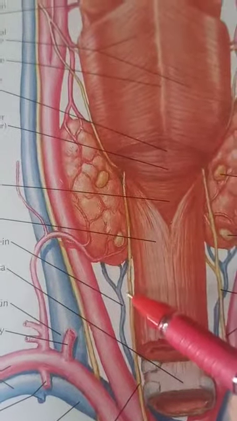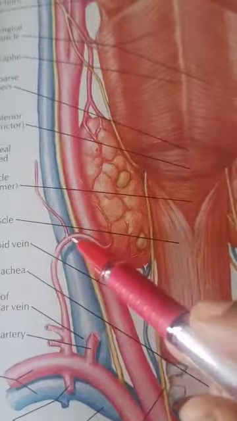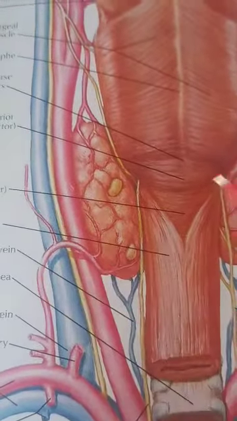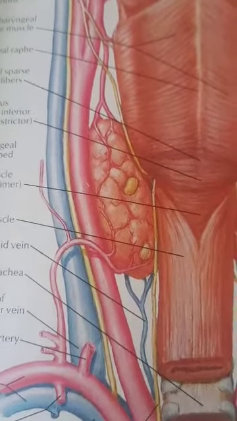So in order to avoid injury to the recurrent laryngeal nerve, the artery is ligated away from the gland during thyroidectomy or removal of the gland. So that's all about the thyroid gland.